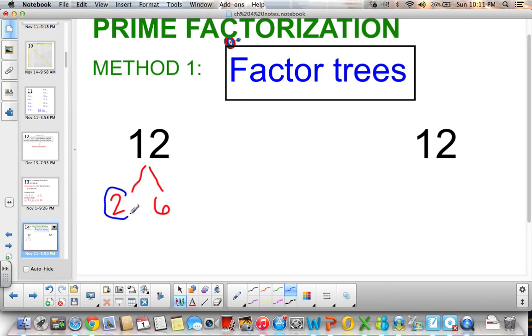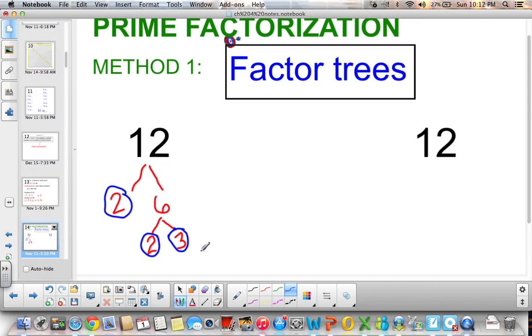And 2 is a prime number, so I'm going to circle it because we are done. 2 can't be factored out anymore. 6 is not a prime number, so it can be factored out a little bit more. So we have 2 and 3 multiplied together equals 6. So 2 is a prime number and 3 is a prime number. So I'm always going to circle it once I come to a prime number.